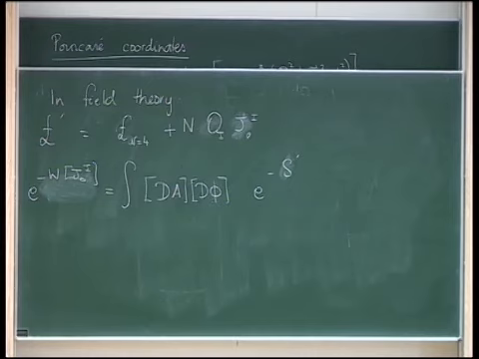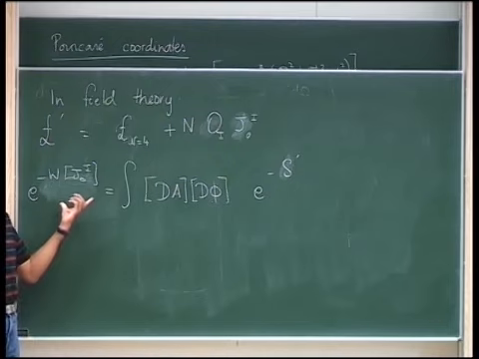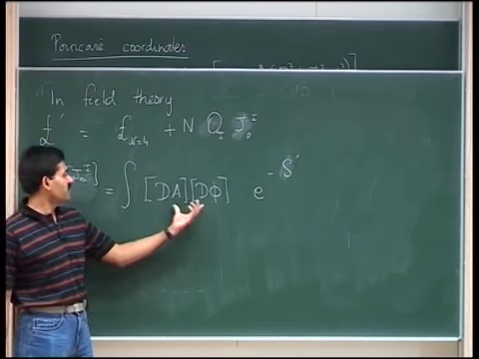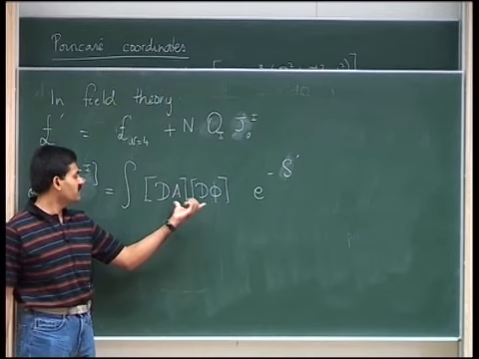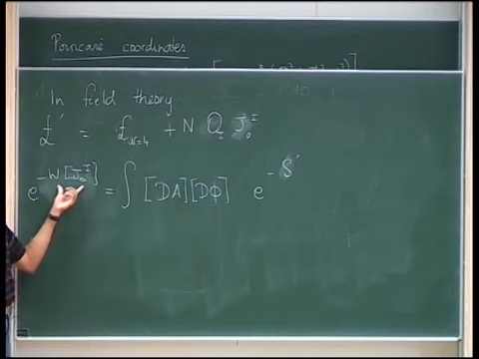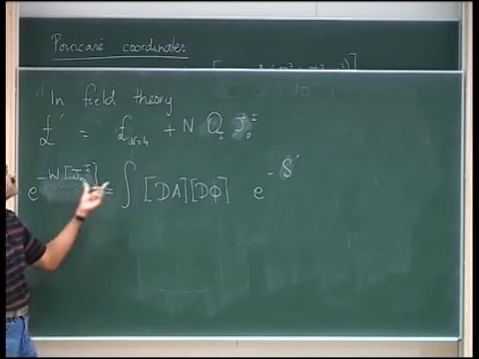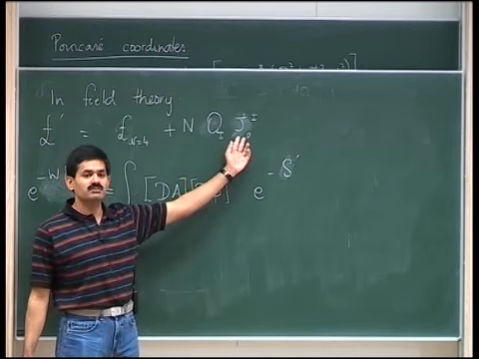Let me use a standard notation. So this is just some functional. I've integrated over all the field theory variables, done the path integral over all the field theory, and I am just left with some functional of the source terms that I stuck into my Lagrangian.